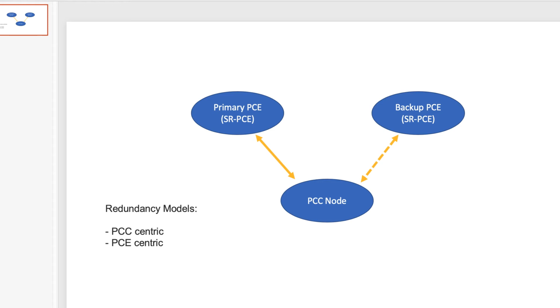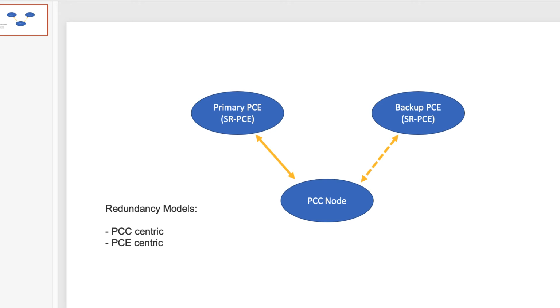In this case, the mechanism is basically synchronizing the SR policy that we have configured on the primary and the backup SR PCE. The primary SR PCE is doing the path computation request, path computation report, all the updates and other things. The delegation happens with that special bit that we noticed, the D flag. So the D flag is sent, and when there is a failure, it gets redelegated to the other SR PCE.